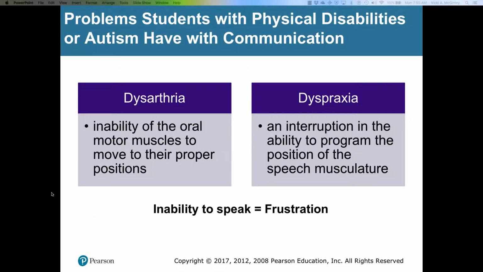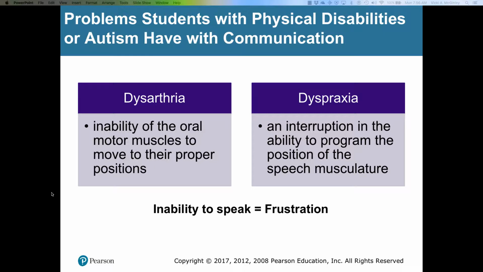We also know certainly that students with physical disabilities need to rely on augmentative, assistive technologies, sometimes augmentative and alternative communication systems. A lot of behaviors could stem from the disability, or I should say being unable to communicate. And here's really more medical terminology. We don't necessarily use this in education, but you might see something in a report or an IEP that addresses dysarthria and or dyspraxia.